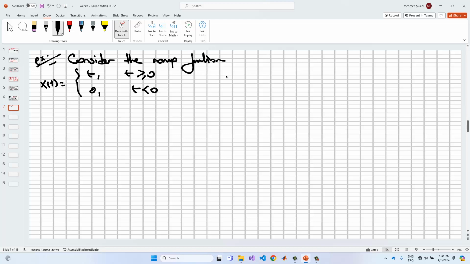Okay, and so this yields us to what? The x(kT) is equal to what? The kT, right? It's the ramp function k 0, 1, 2, 3 and so on, and so the z transform gives us X(z) is equal to the sum, right? This is the T function, and so we can write to what?